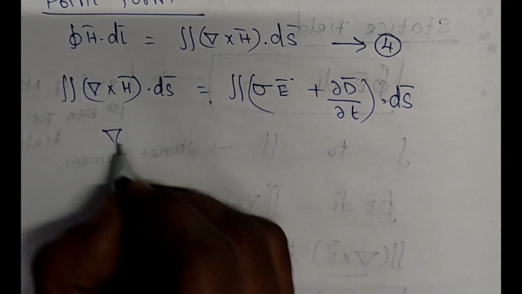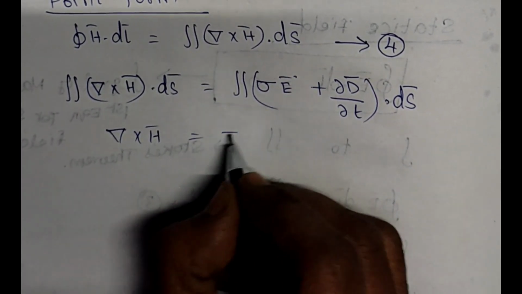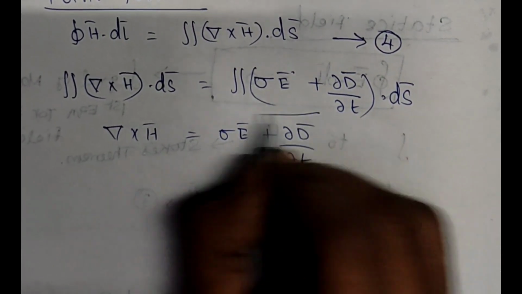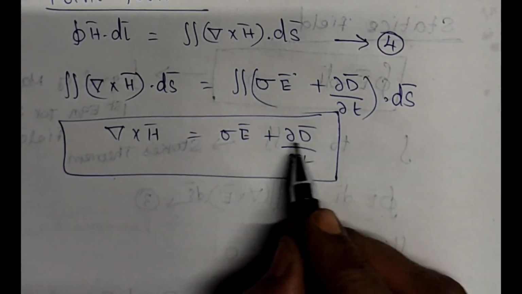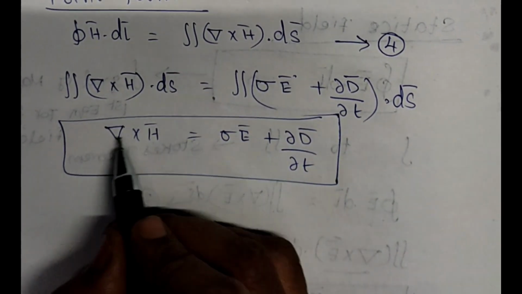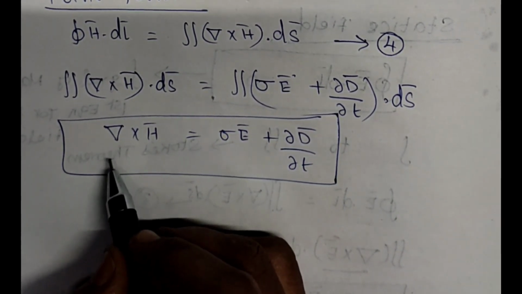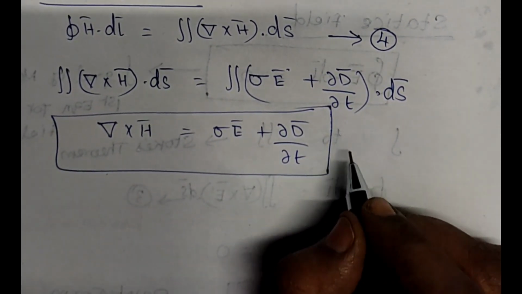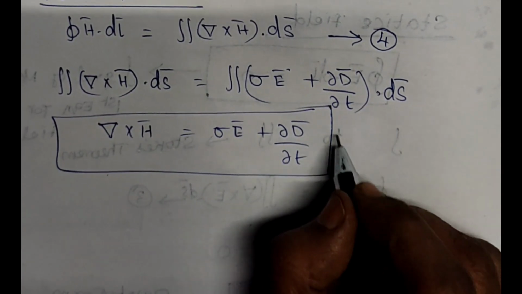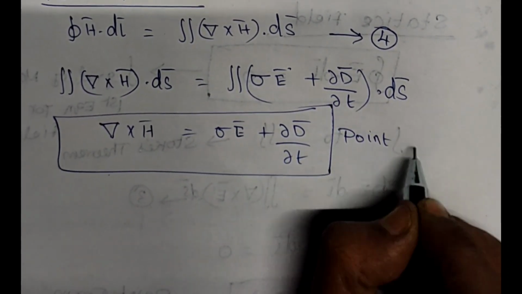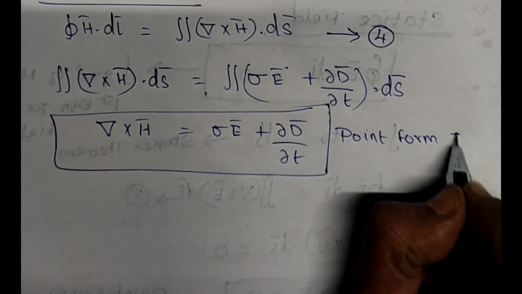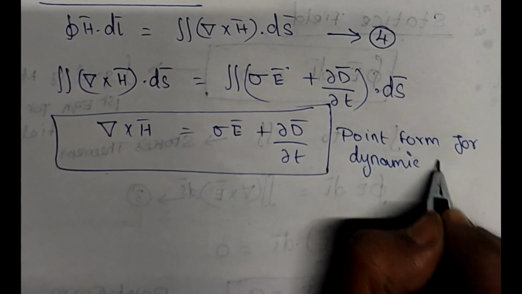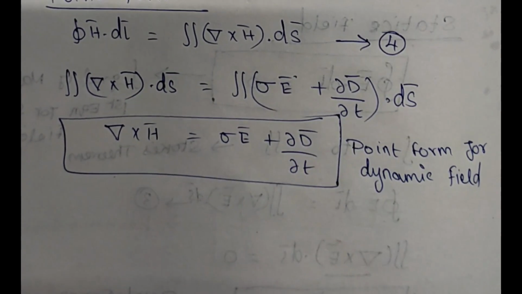What you will get is del cross H vector equals sigma E vector plus dou D vector divided by dou t. Very simple. This consists of fully differential elements, dou by dou t, and del, the value of del is also dou by dou. So it is the differential form or point form for dynamic field, because here it consists of time.